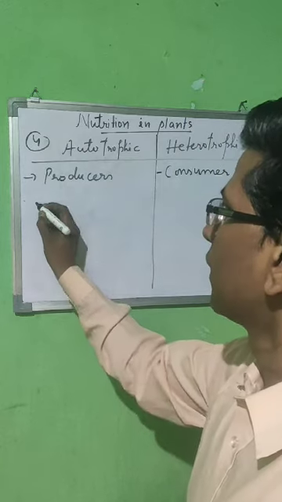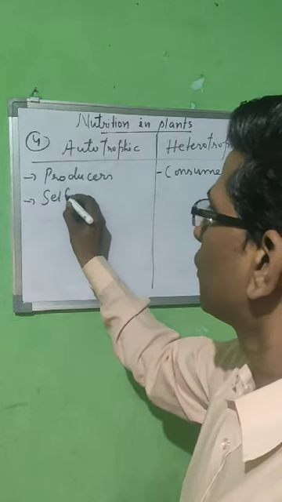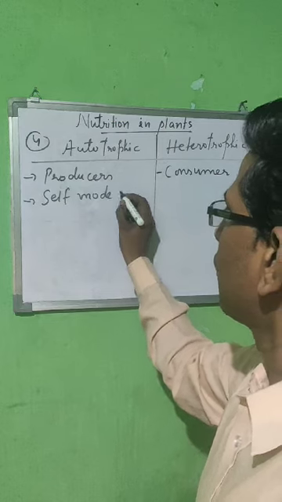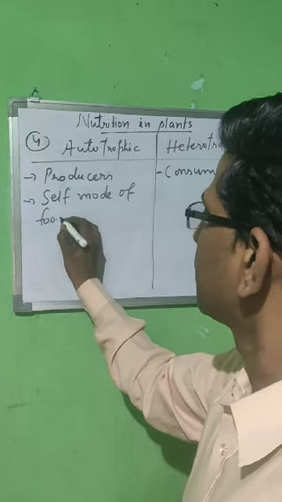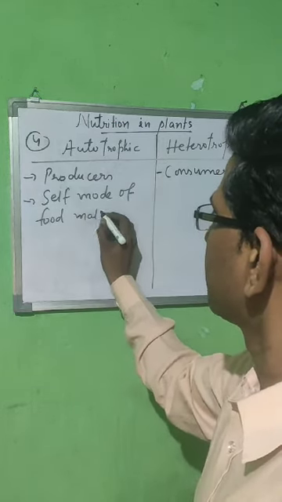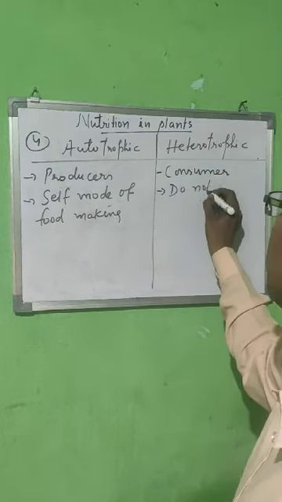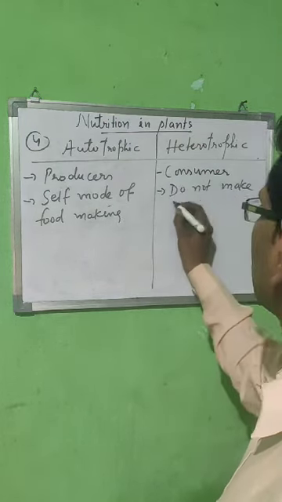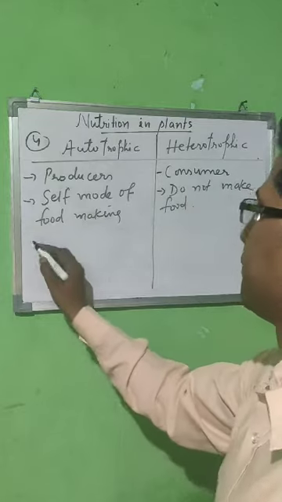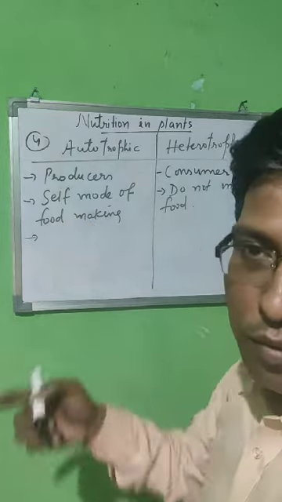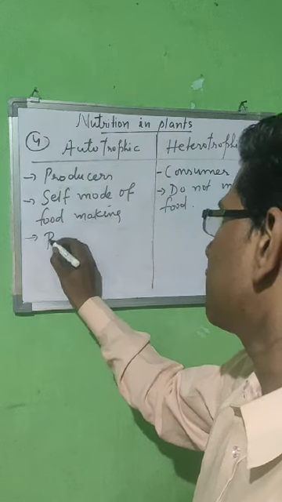Self mode of food making. Do not make food. Autotrophs perform photosynthesis.